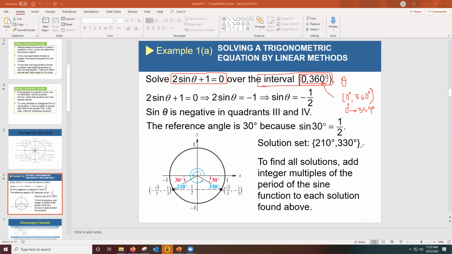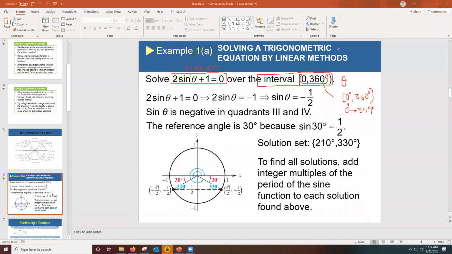All right, well, first question. Is this equation linear or quadratic? Well, when I look at the sine trig function, it's really sine to the exponent 1. So I know this is linear. So if it's a linear trig equation, what I'm going to do is just try to get sine theta by itself.